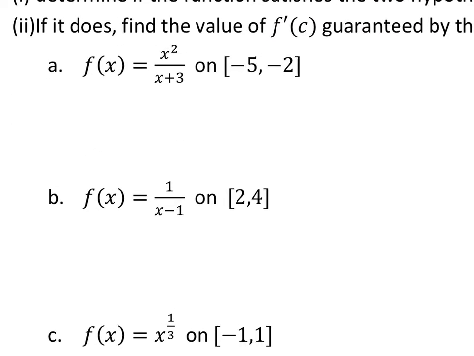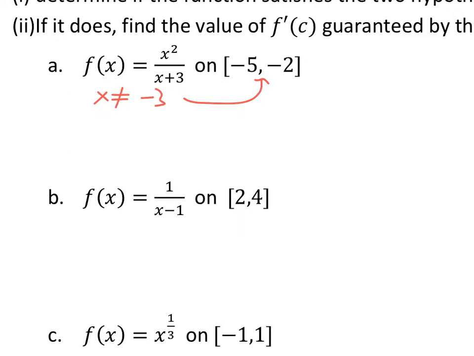Two hypotheses: is it differentiable? And is it continuous? All right, so this is a rational function. So we know on this rational function, x cannot be -3. And is -3 on this interval? It sure is. So there's a break on this graph in that interval.